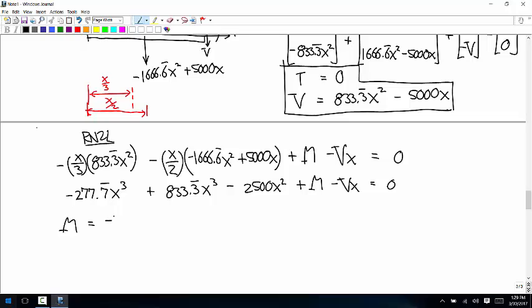So that's negative 555.5 repeating x cubed plus vx, so that's plus 833.3 repeating x cubed minus 5,000 x squared, and then combine the x cubed terms, and does that give you back 277?